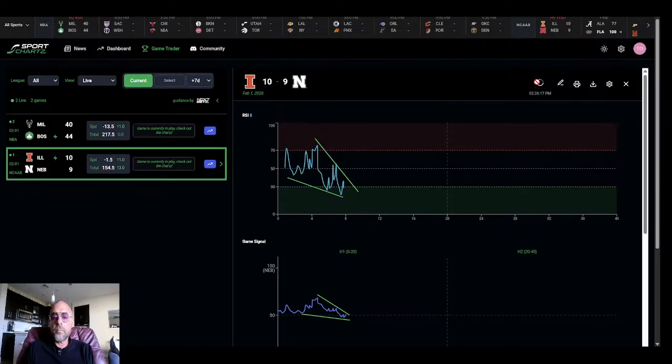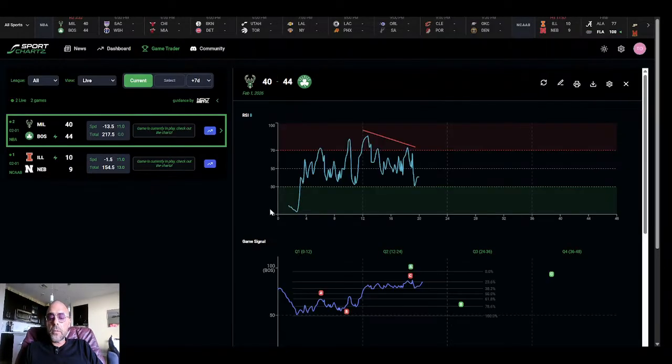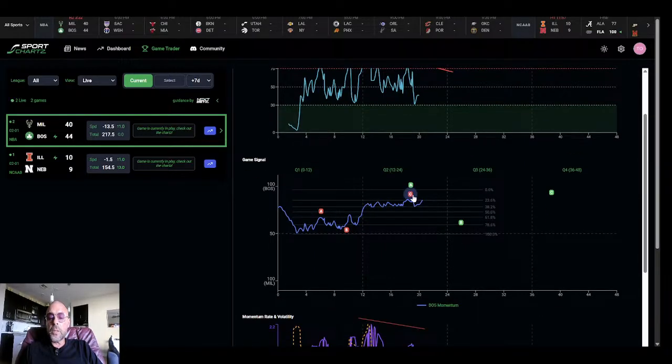Hmm. I get 110. I'll try that. Back to negative 1.5. All right, we'll see how that goes. Back to 4 here. All right, took a little dip. See if this keeps going. And this keeps going. Looks like it's turning up again.